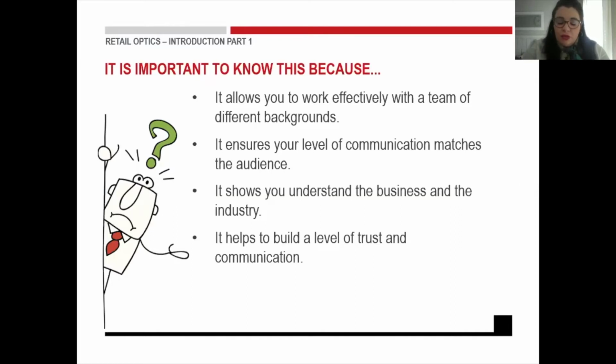And if you do understand that and you know how to communicate differently with each role, then it shows that you've got knowledge in the optical industry, and people can trust you with the information that they give to you, and they know that you understand what is going on.